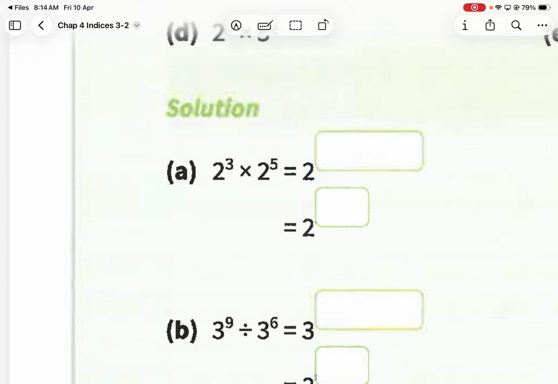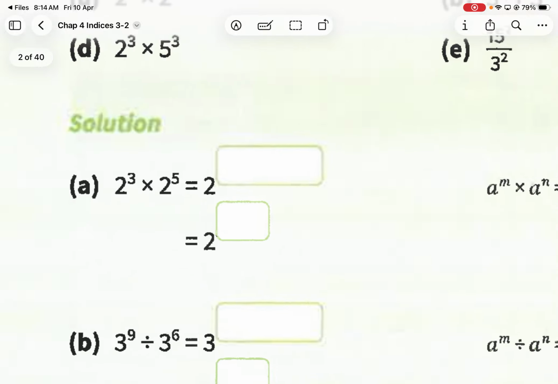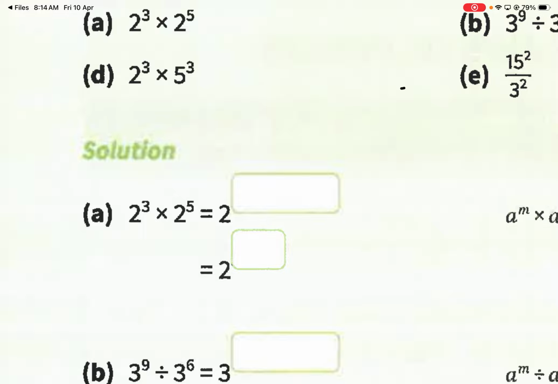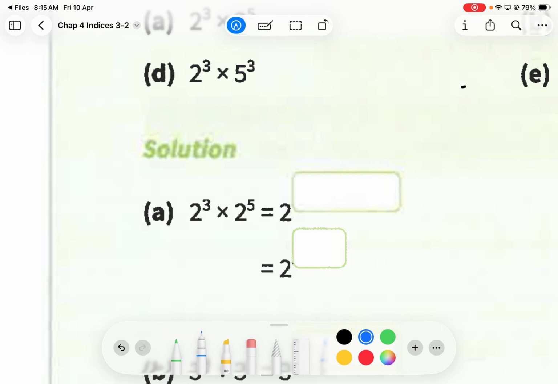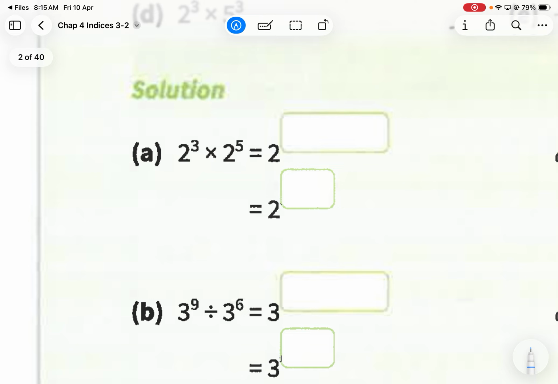So, the first law: when I multiply 2 to the power of 3 and 2 to the power of 5, what is actually happening? Let me write it down. What is actually happening is 2 to the power of 3 is 2 times 2 times 2. 2 to the power of 5 is 2 times 2 times 2 times 2 times 2.